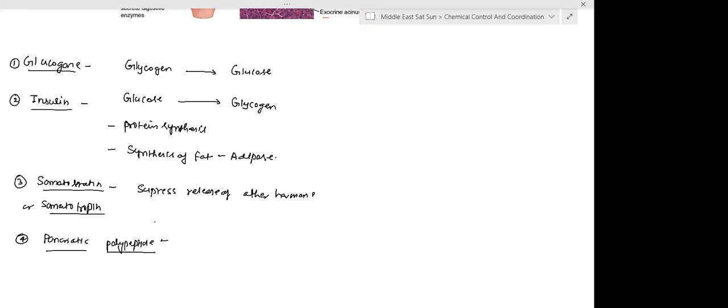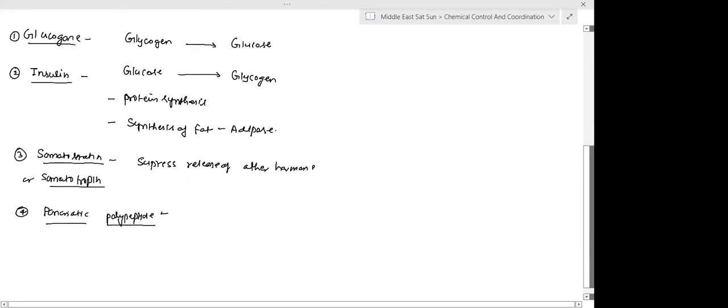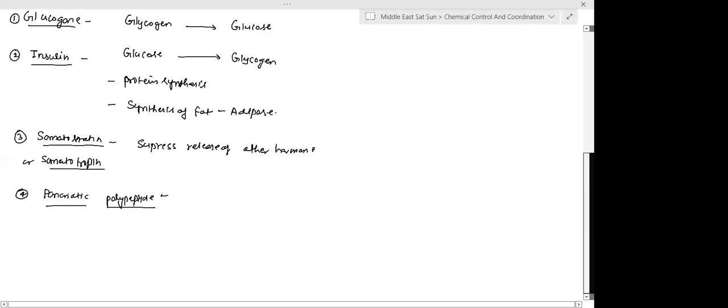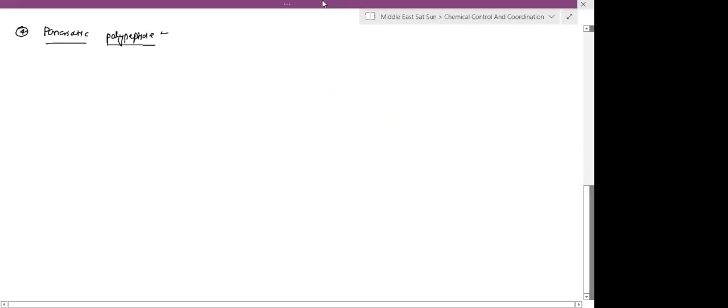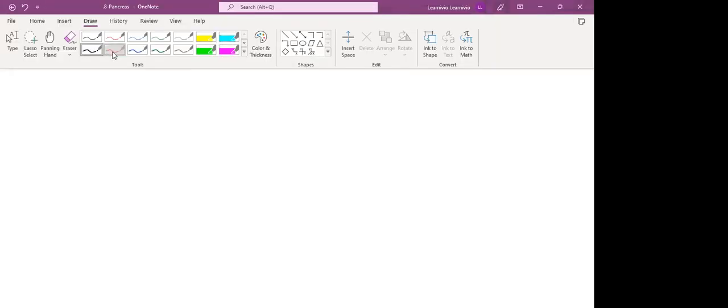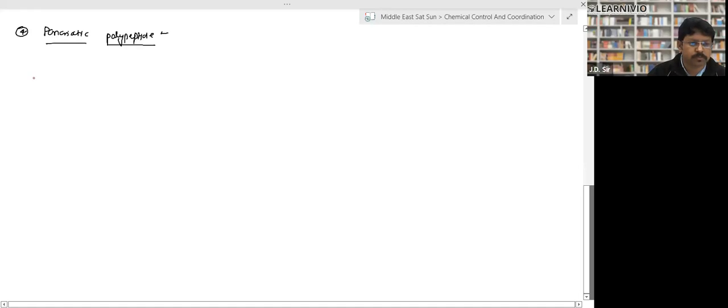Now the next point is the disorder. Put the heading pancreatic disorders.